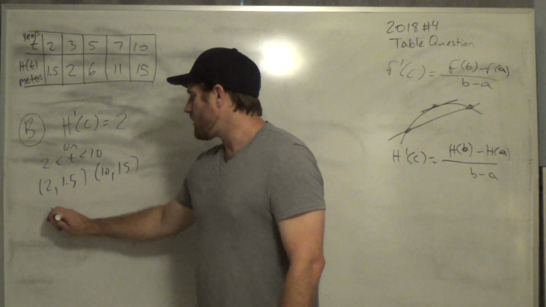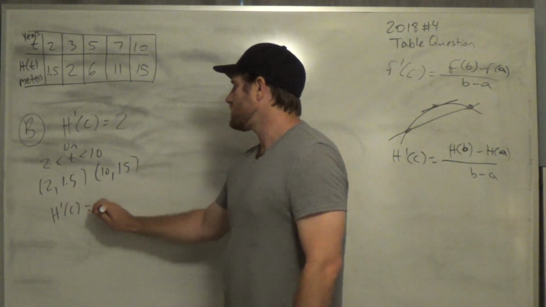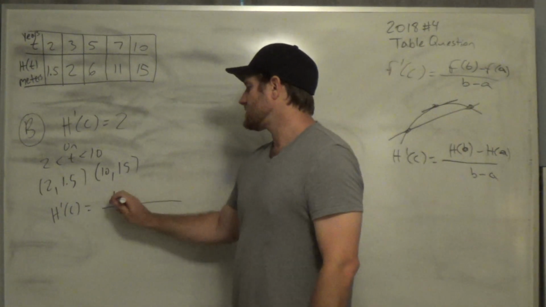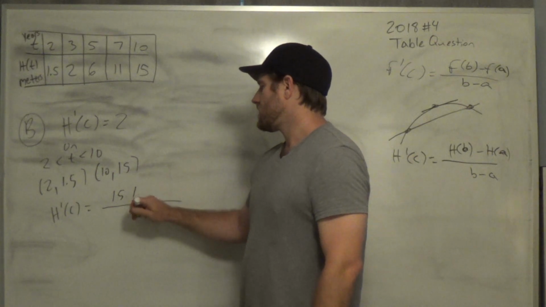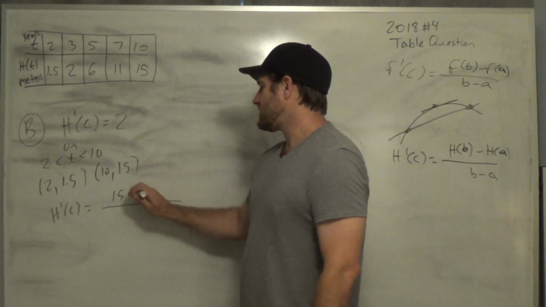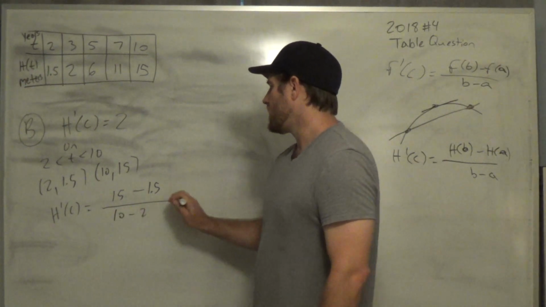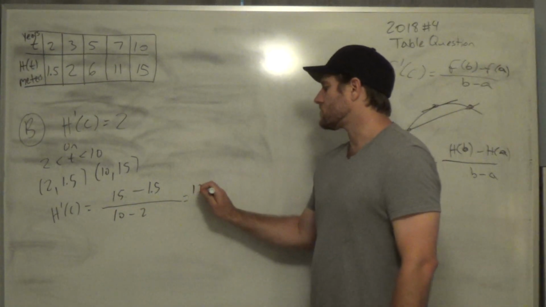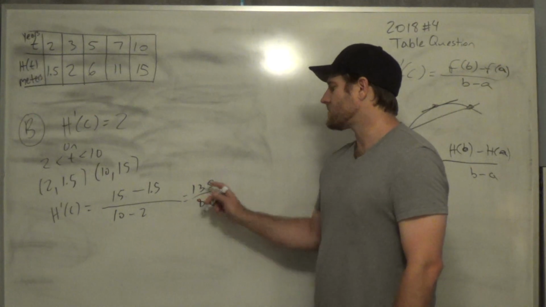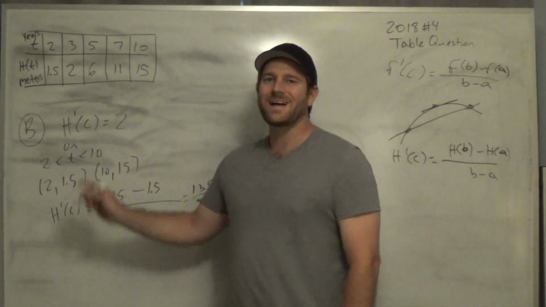And it would say h prime c has to equal this minus this, 15 minus 1.5 over 10 minus 2. But if you do this, you get 13.5 over 8, and 13.5 over 8 is not 2.